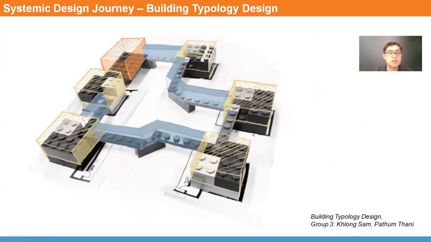Here, Lego was used again as part of the design process to make iterative designs to see which option was most suited to a given scenario, considering how the buildings are modular and could be rearranged in different ways as needed.